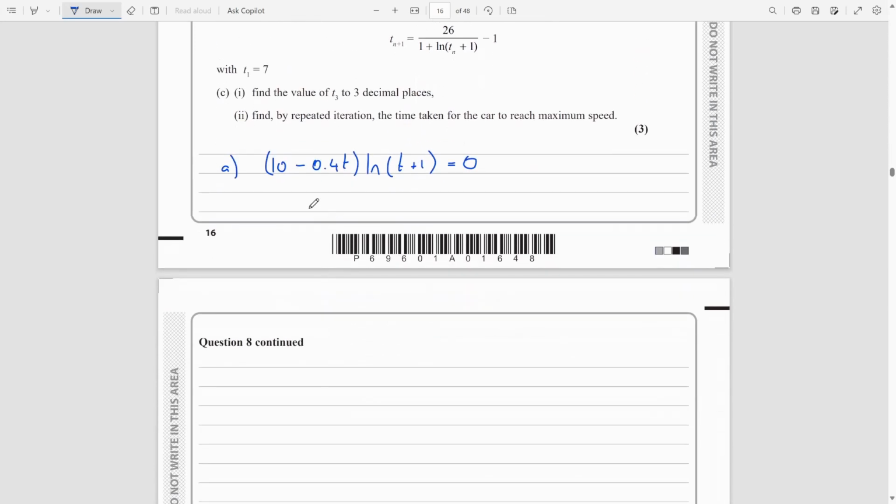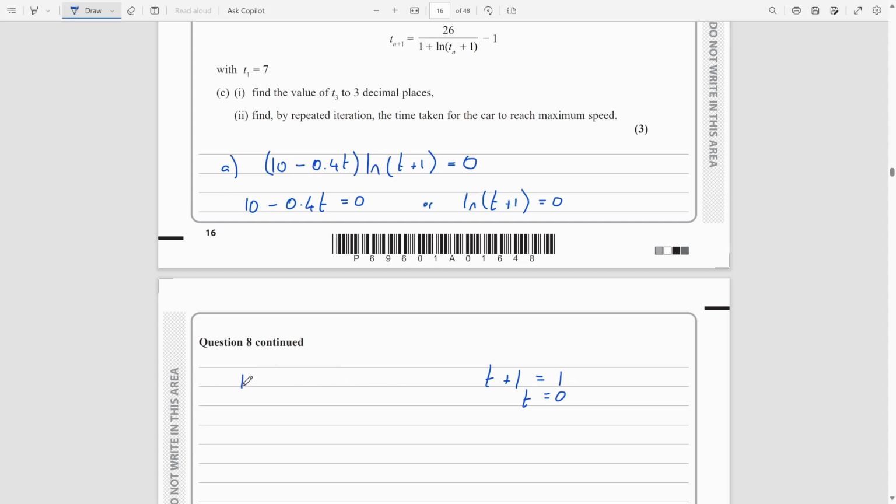Well, there are 2 solutions to that. Either 10 minus 0.4t equals 0, or ln of (t plus 1) equals 0. Now, ln (t plus 1) equals 0 has just one solution. That's when t equals 0. That's the origin solution. The reason for that is that would be when t plus 1 equals e to the 0, which is 1. So that's not our capital T.